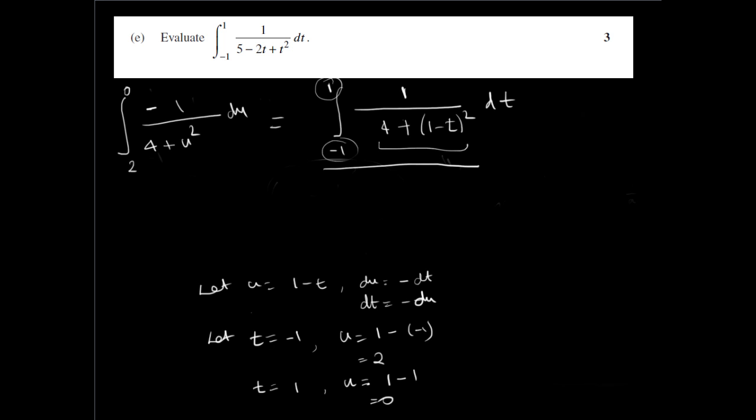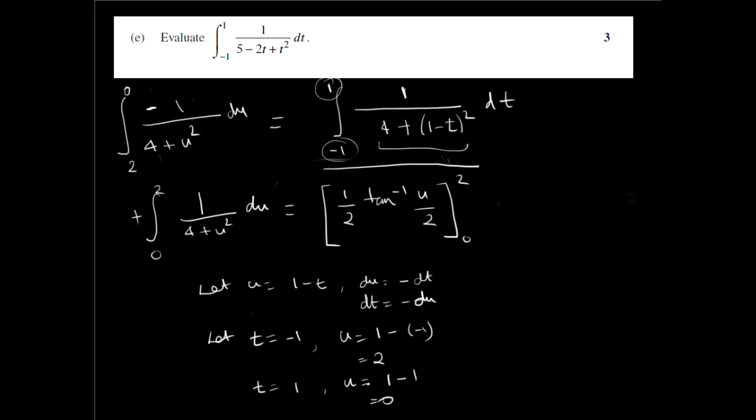Okay. So to get rid of this negative, I can just switch the limits from 0 to 2, and this becomes positive 1 on 4 plus u squared du, and that would equal, using our standard integrals which I mentioned earlier, a half tan inverse u on 2, the limits 0 to 2.